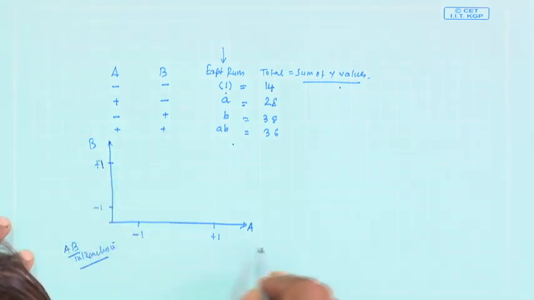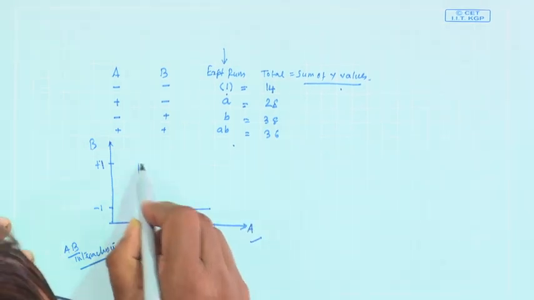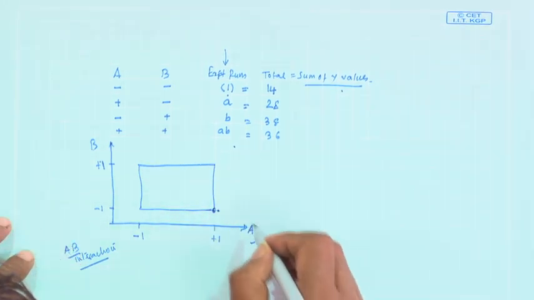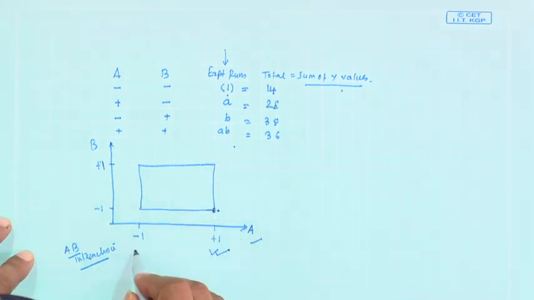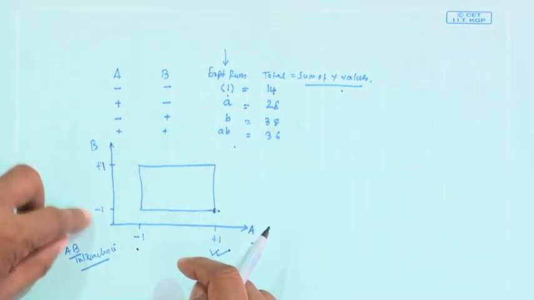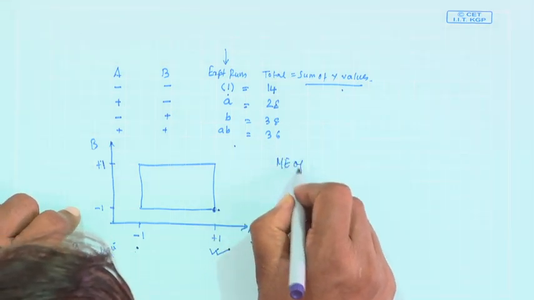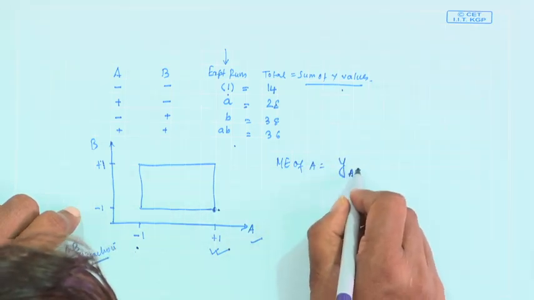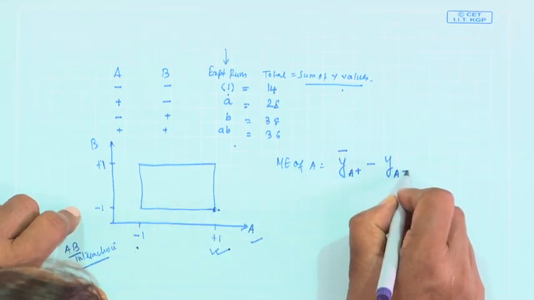So, that means now the A effect will be the mean values of y when A is at high level minus the mean values of y when A is at low level, irrespective of the level of B. So, that is the main effect of A: y bar at A positive minus y bar at A negative.